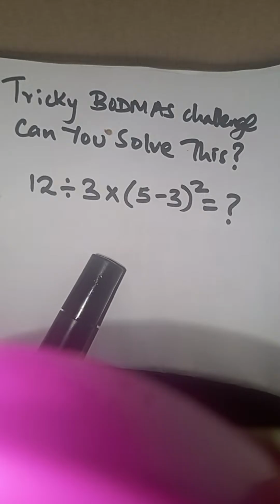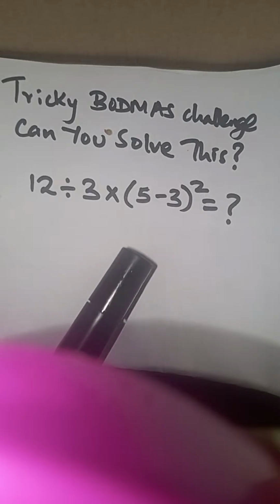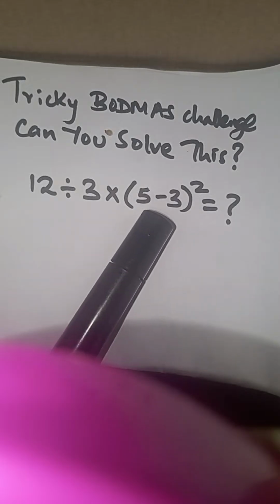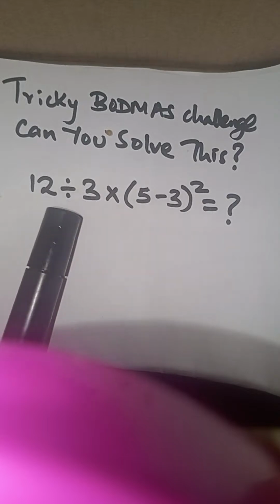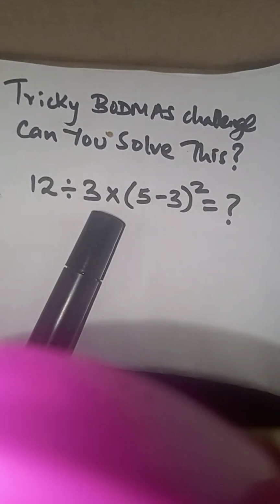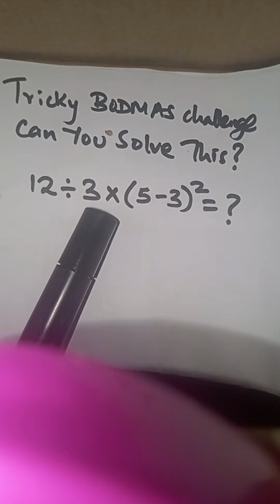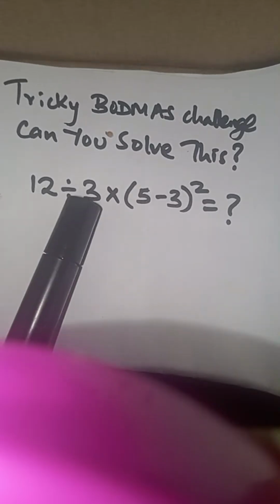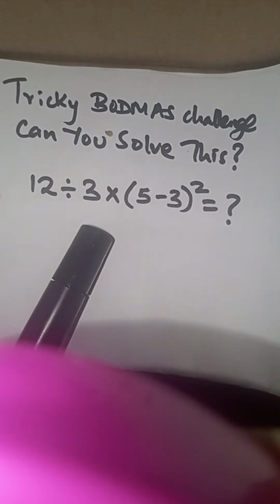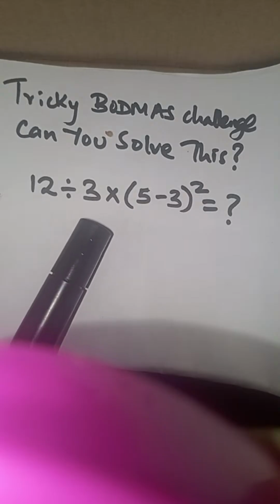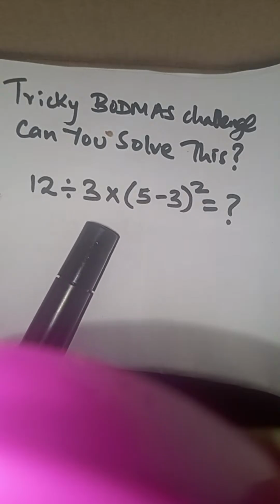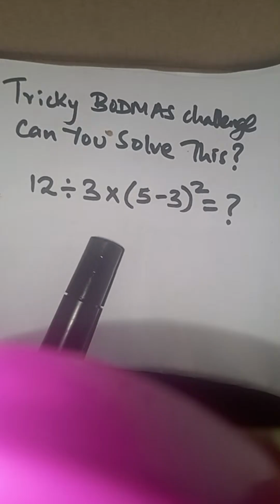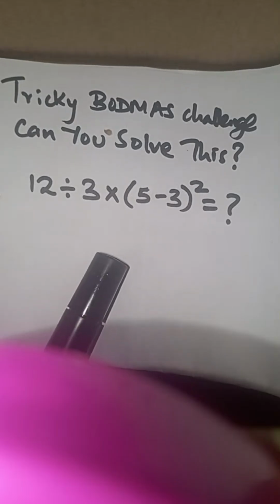Then multiplying 4 times 3 is 12. Then you're saying finally we do division, so 12 divided by 12. Automatically we end up with 1.